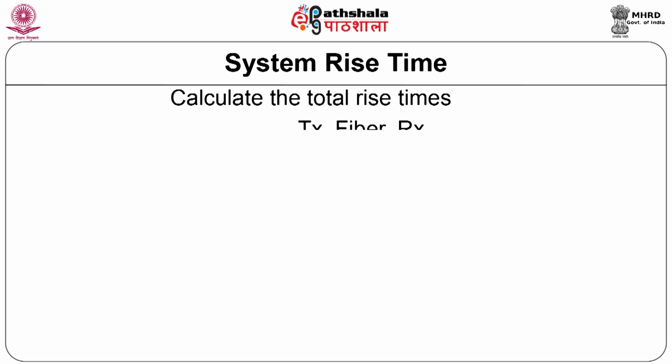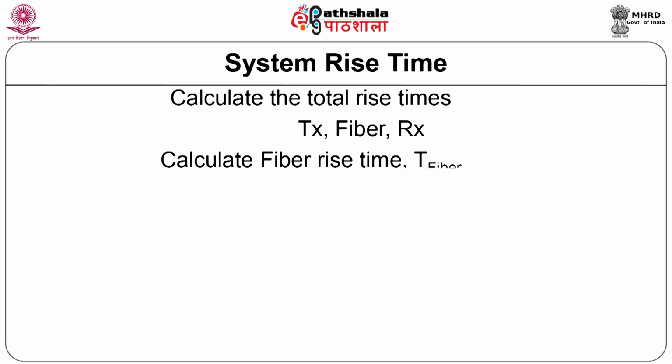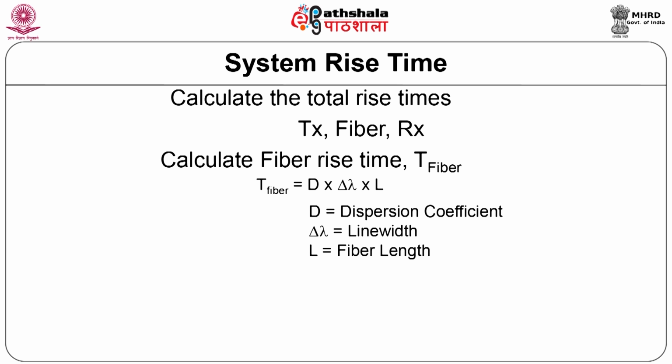System rise time. First, calculate total rise time considering the transmitter, fiber and receiver. Calculate the fiber rise time as T fiber equal to D into delta lambda into capital L, where D is the dispersion coefficient, delta lambda is line width and capital L is the fiber length.